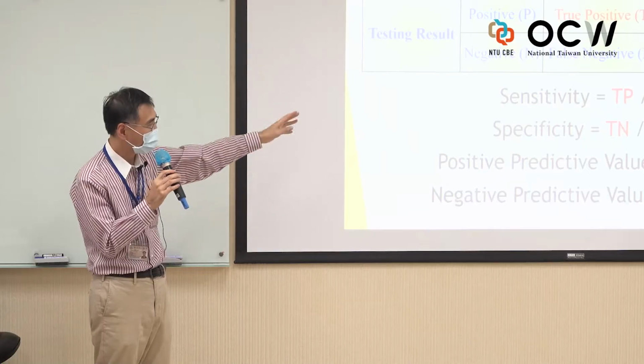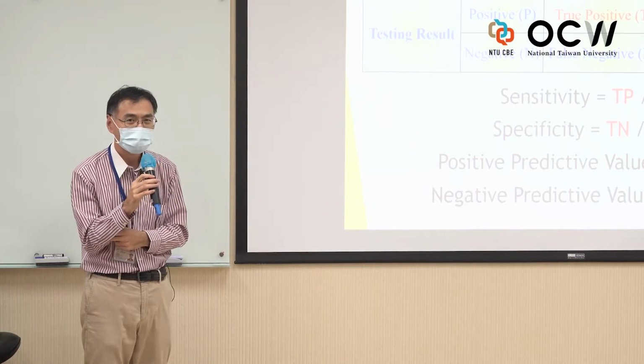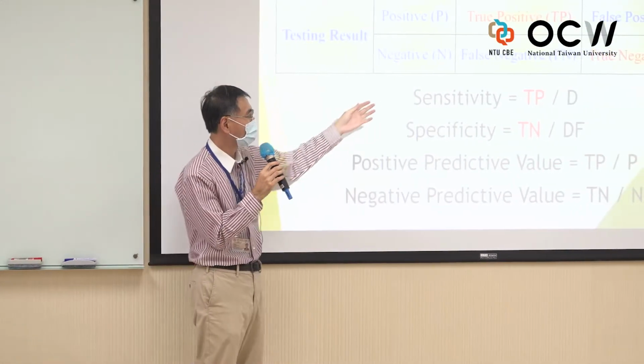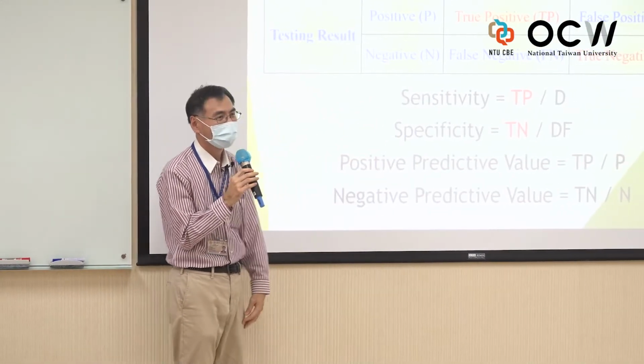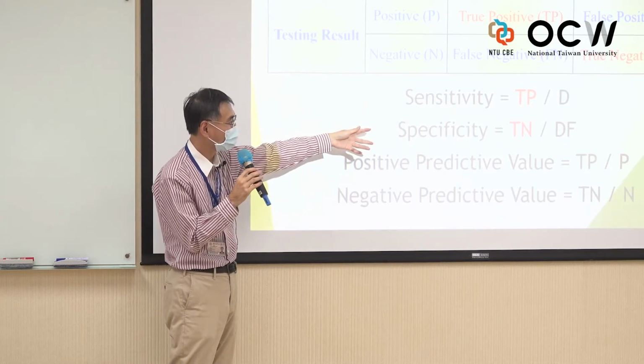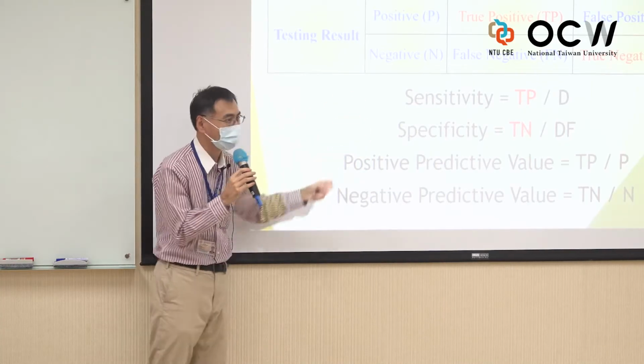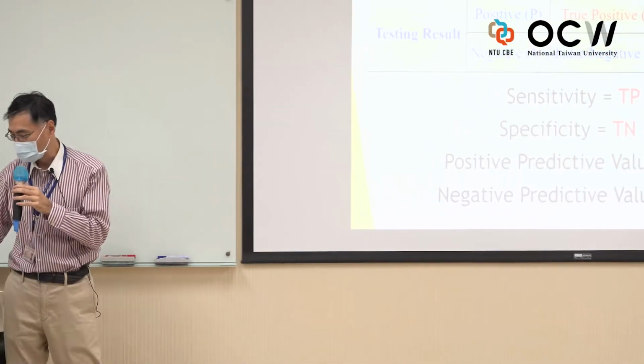Then we could generate these four indicators to show how good it is. If it's a perfect one, it would be 100, 100, 100, 100, right? If it's not so good, it may be high for sensitivity and low for specificity, or low sensitivity and high specificity. So we show different situations.